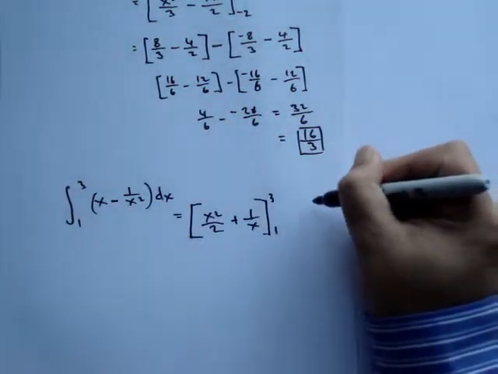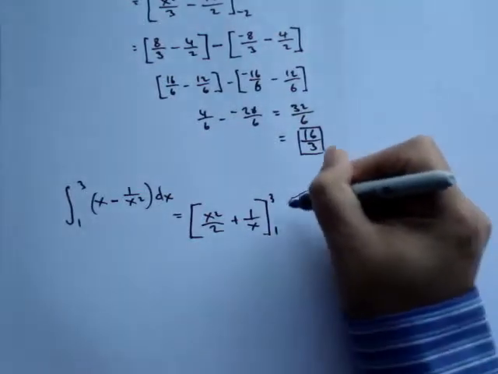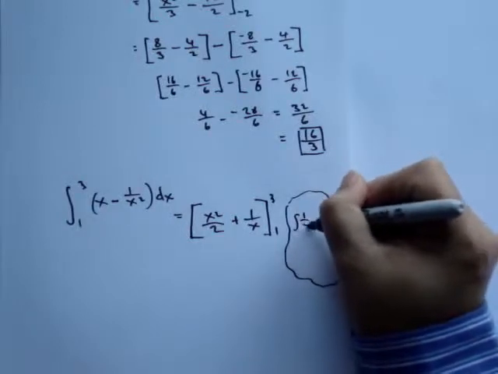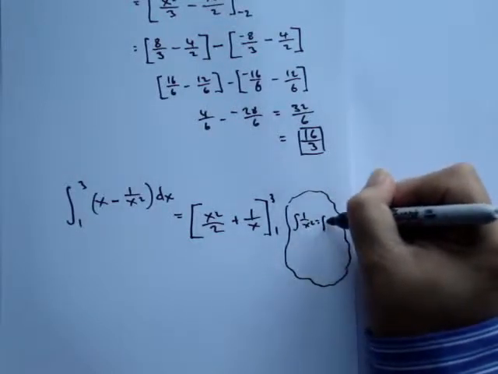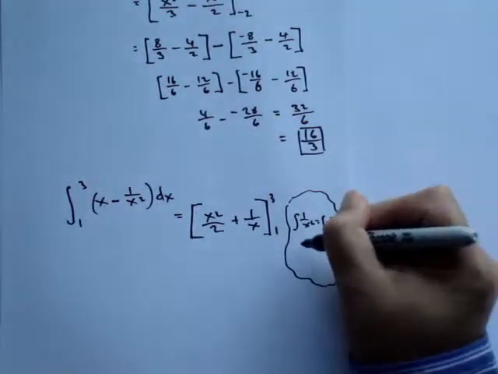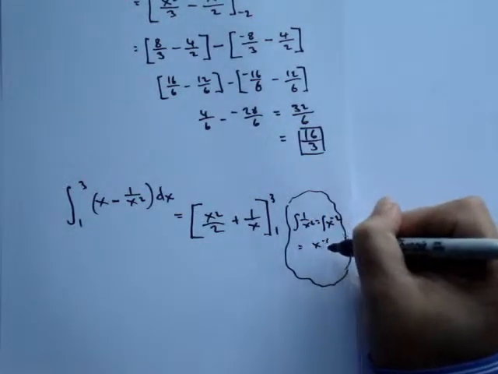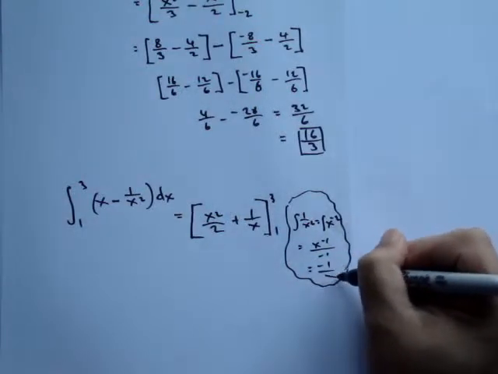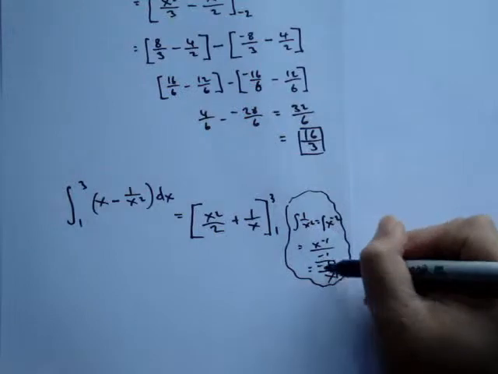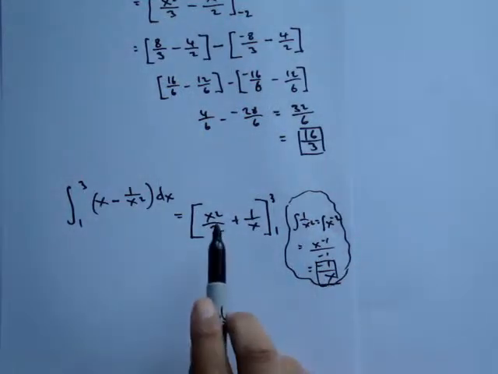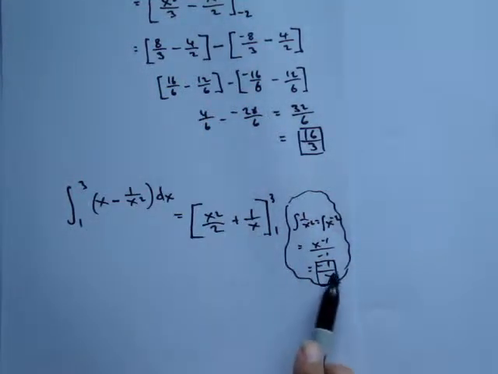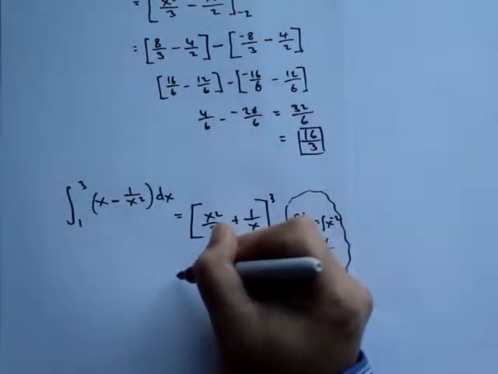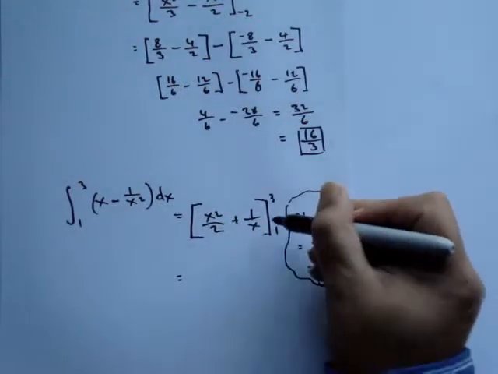If we didn't understand where that came from, the integral of 1 over x squared equals the integral of x to the minus 2, which equals x to the minus 1 over minus 1, and this is minus 1 over x. So when we substitute this back into here, this minus becomes a plus, and we're left with that. Now let's put our lower limits and upper limits in.